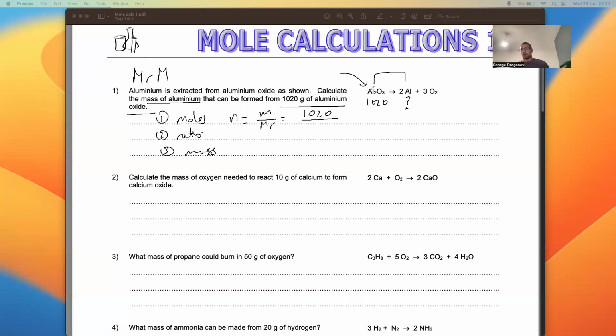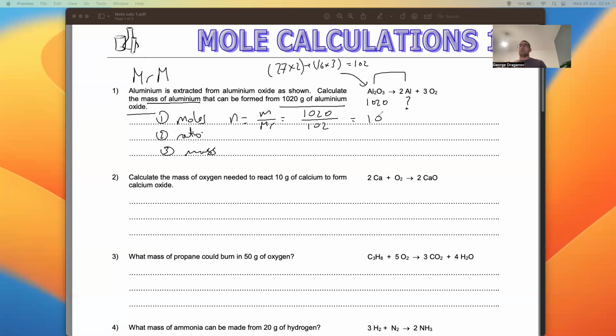So for the aluminium oxide, make sure you look at the periodic table. Aluminium is 27. So 27 times 2 plus 16 times 3. Oxygen is 16. That gives you a total of 102. So that's your Mr here. When you divide these, you get 10 moles.